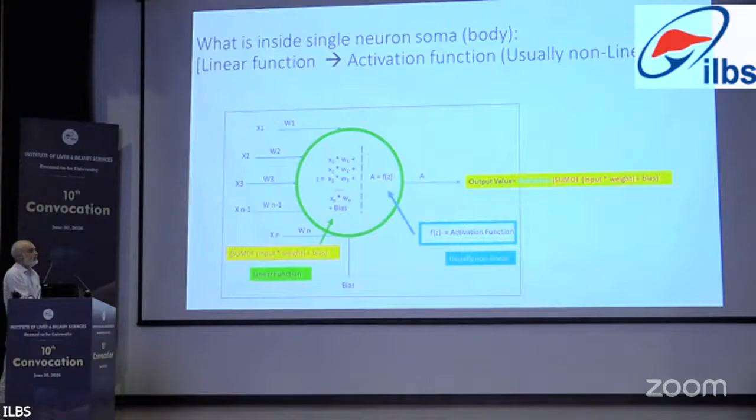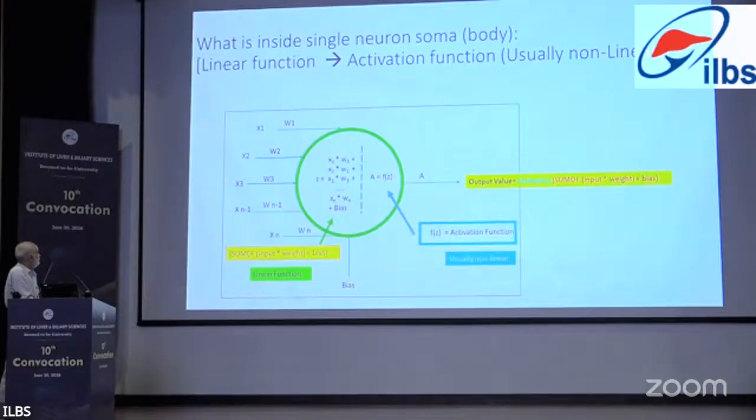So what is inside the single neuronal body? We have seen this, x1 into weight 1, x2 into weight 2, plus bias. This is called the linear function. Remember, this neuron has 2 parts. One is the linear function and one is the activation function.